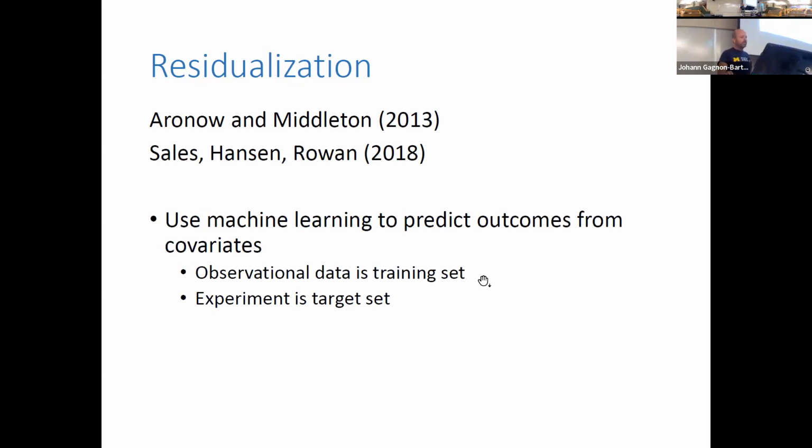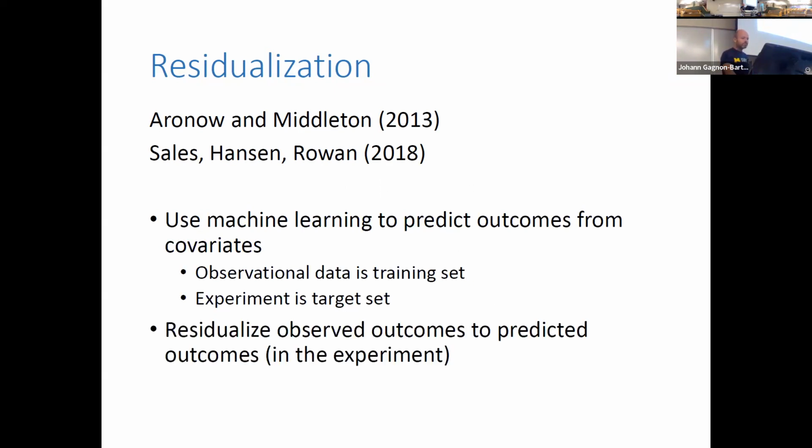You can think of the observational data as being a training set, and the RCT as being a target set for the predictions. The basic idea is that you then residualize the observed outcomes to the predicted outcomes, and then proceed to perform your analysis on the residuals.